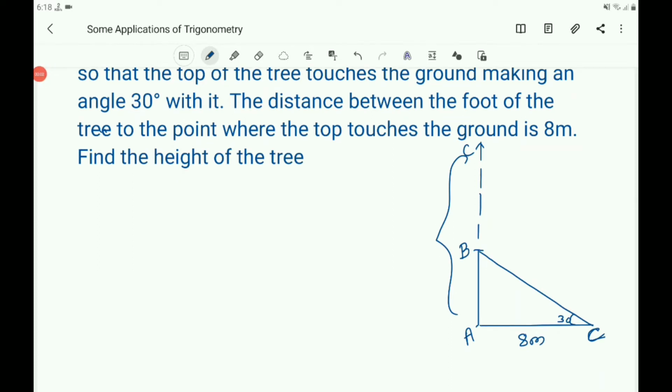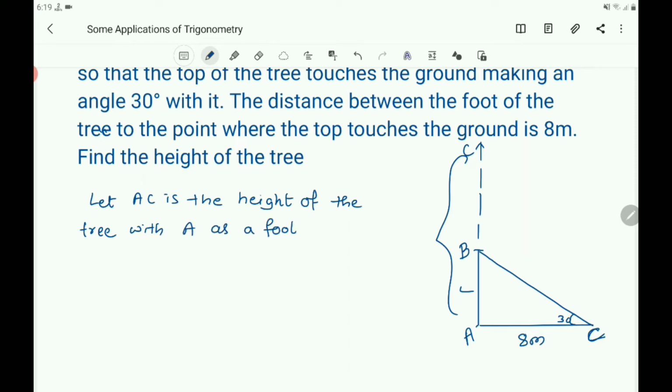To get AC, both AB and BC are required. Now let us write what is given here. Let AC is the height of the tree, with A as a foot and C as a top.